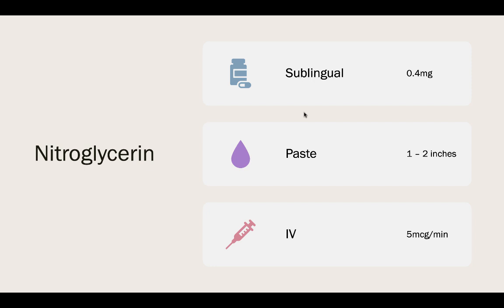I've never really seen a maximum, a ceiling to nitroglycerin drips, but once you hit I would say like 50 or 60 micrograms per minute, you might be wanting to think of a different treatment modality. But we're going to start at 5. We're going to titrate up by 5 depending on our patient's reaction.